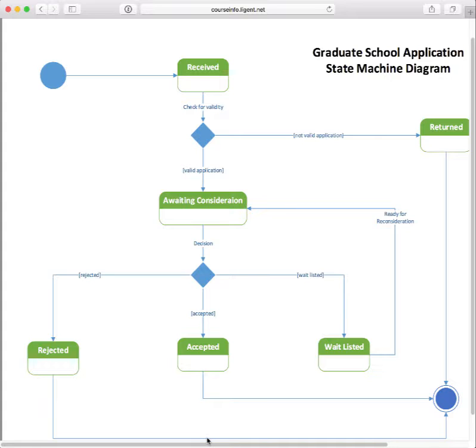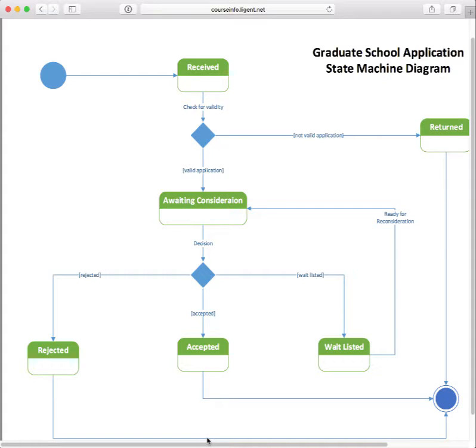Because how do we label flow lines? Well, generally speaking, they have either a trigger, some kind of action that's a trigger, or they have some kind of a guard condition. Or they could have both, I guess.